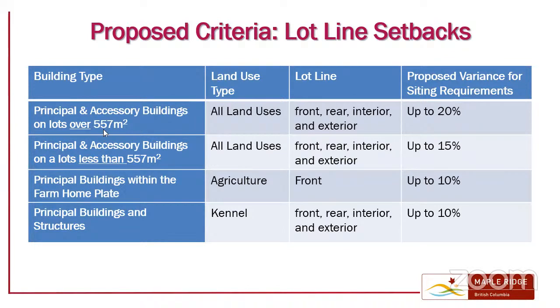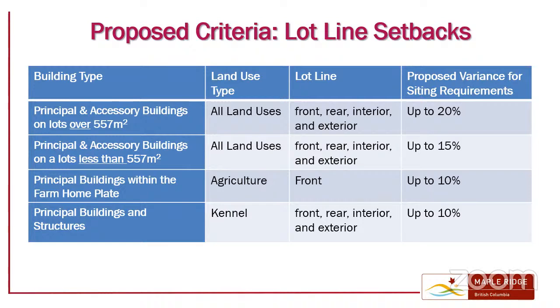If you're on a lot that's over 557 meters squared, so our larger lots for all land uses, you may be able to receive a variance up to 20% that the director might be able to sign off on. Doesn't necessarily mean that they'll get the whole 20%, but that's the maximum threshold. And if you're on a smaller lot that's less than 557 meters squared, only up to 15%.